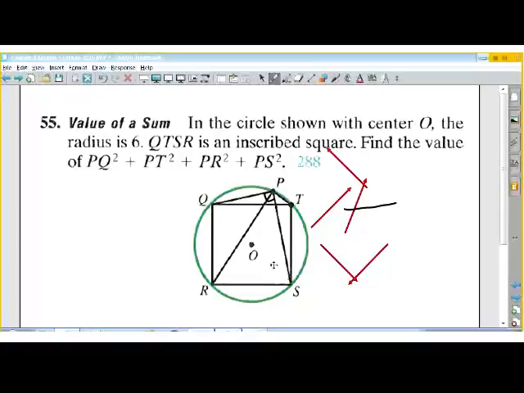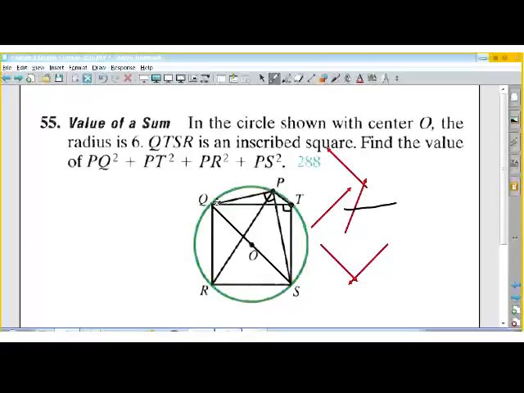Okay, so this is 90 degrees, and because, again, if I drew a line from here to here, it should go through the center of the circle. So that goes through the center. And because that's 180 degrees, this is also 90. Right there. So those are two right triangles.